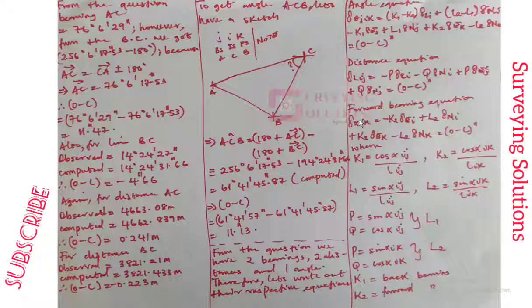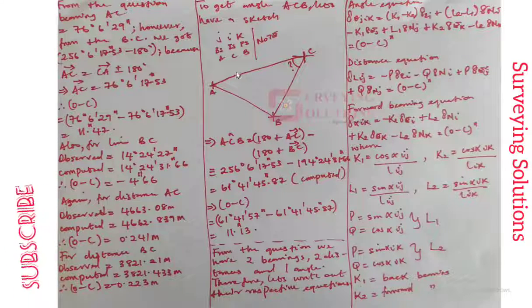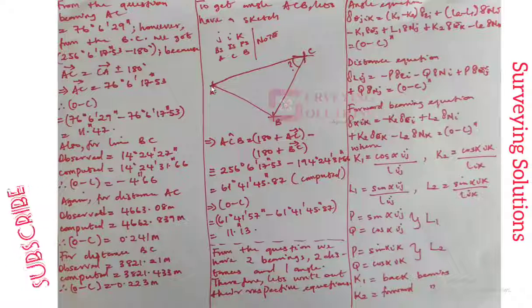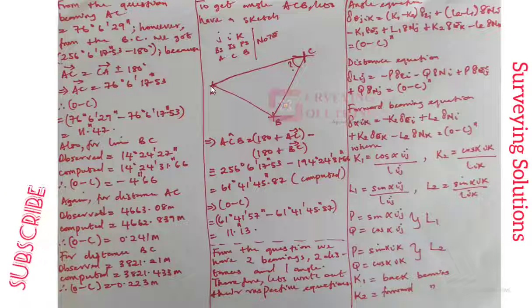Now, before we move to that next slide, let's also look at that of the distance. If you look at distance, we have AC. But remember, we are observing from C, which means C is our instrument station and A is our forward station. So now let's come to our distance equation.